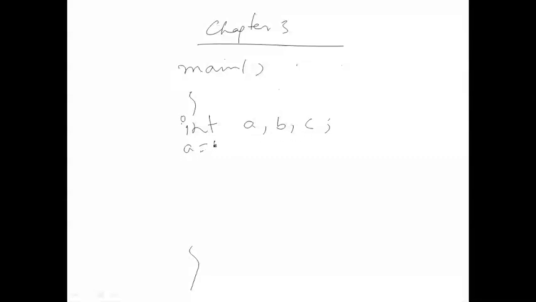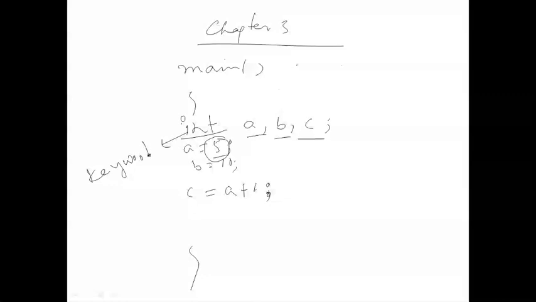So if we have a equal to 5, b equal to 10 and c equal to a plus b, in this case we have a keyword int, variables a, b, c, and this 5, which is a constant value. So this is the keyword, which is a part of a program, an individual unit.